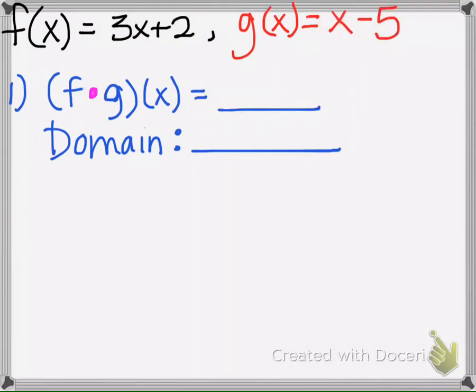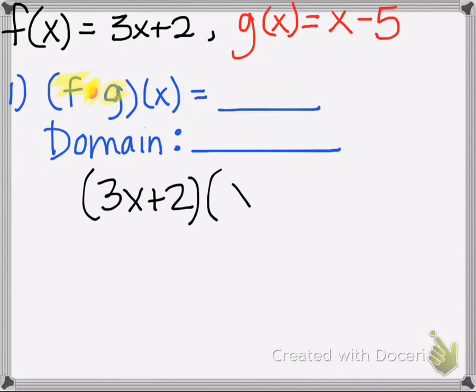Here we are asked to take function f and multiply by g. So we're going to take function f and multiply it to g. Since here we are multiplying, that's why I'm going to FOIL.